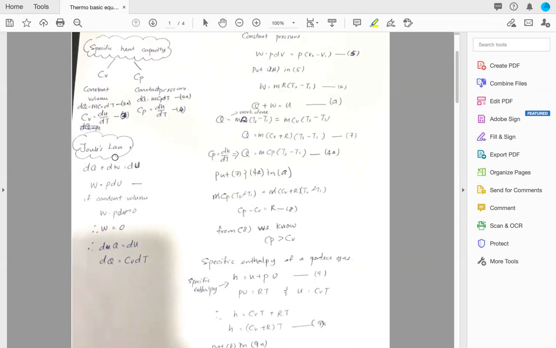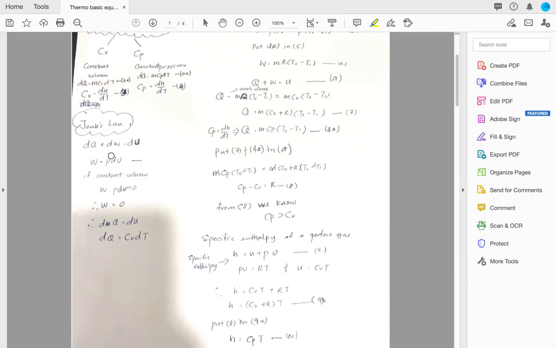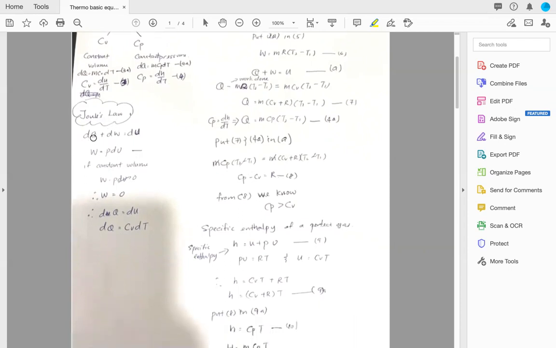Okay, so let's go to Joule's law. Joule's law is very easy. Heat plus work equals delta U, the internal energy. If the work is done by the system, it is negative, so be aware of this part. If the work is done on the system, then it is positive. We know that the work equals P delta V, the pressure pushing the change of volume.